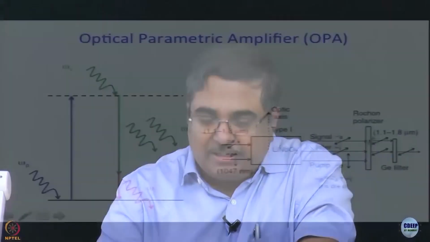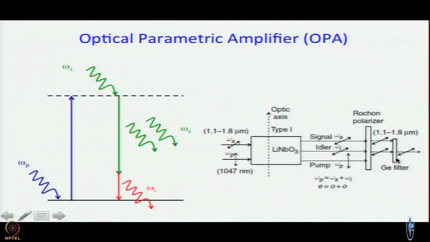So, first of all when you use a polarizer, the pump gets cut out and then depending on whether you want the signal or you want the idler, you are going to use a filter. The filter that is shown here is a germanium filter which will allow the idler to go through, the smallest energy, and it will not let the signal go through. Okay. You can always use a dichroic mirror to send the idler one way and the signal the other way. That way you have access to both.